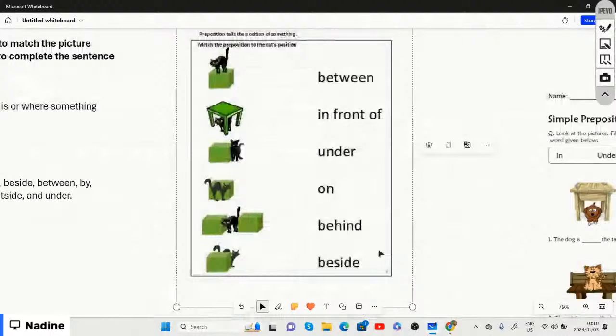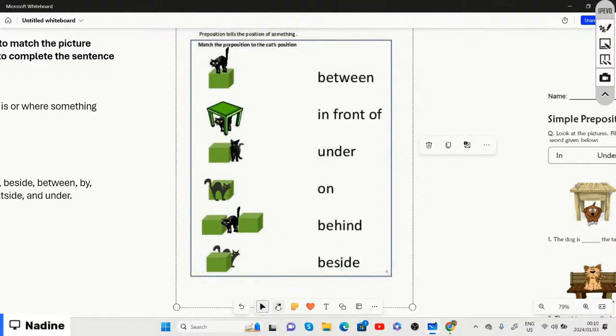So if we choose the best preposition to match the pictures, then in these examples in front of us, on the left hand side with the green boxes, we have our different pictures, and on the right hand side, we have the preposition. We need to say where the cat is, because that is a black cat that we see. So we need to say where the position is of the cat, and match these words on the right with the pictures on the left.